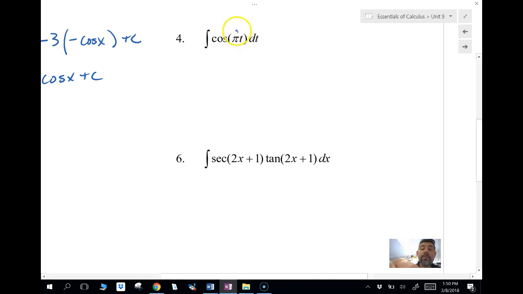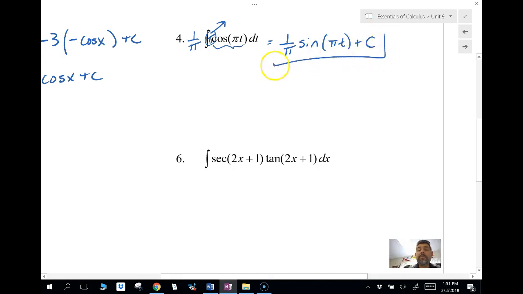The derivative of the inside is pi, so we're going to need a pi right here as our hook, and we're going to need a 1 over pi outside. Now we bring that 1 over pi there, and we take the antiderivative of cosine, which is positive sine of pi t plus c. All right, there we go. That's it for that one.